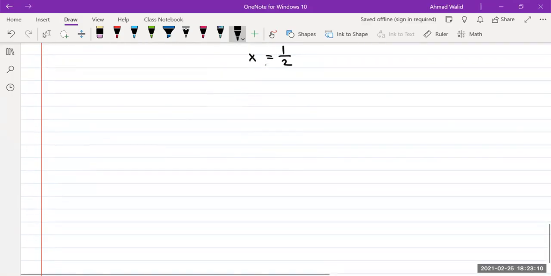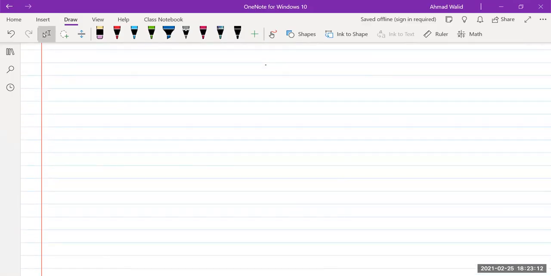Correct? Let me do another example for you. I don't know which example, 4 or 5. I'll name it 4. X squared minus 9 equals 0. If you are really good with factoring, by looking at the problem, you see you have a perfect square here and you have a perfect square here, and the sign in between is negative, then we call this one the difference of the squares.